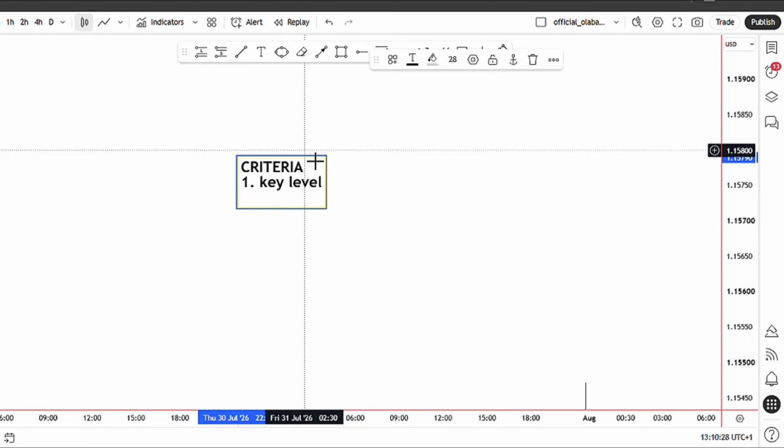Two, you need a valid liquidity sweep. And three, which is the last one, you need a valid break of structure, BOS.